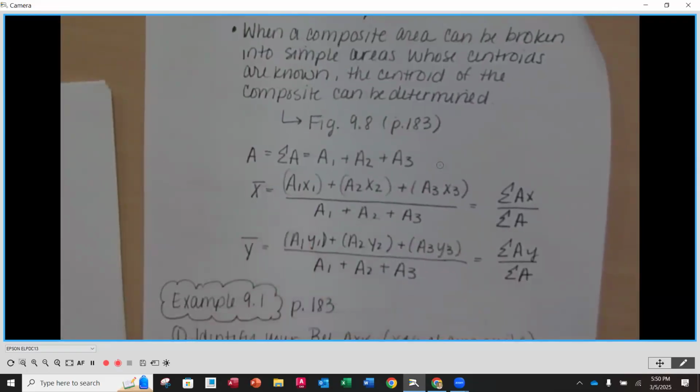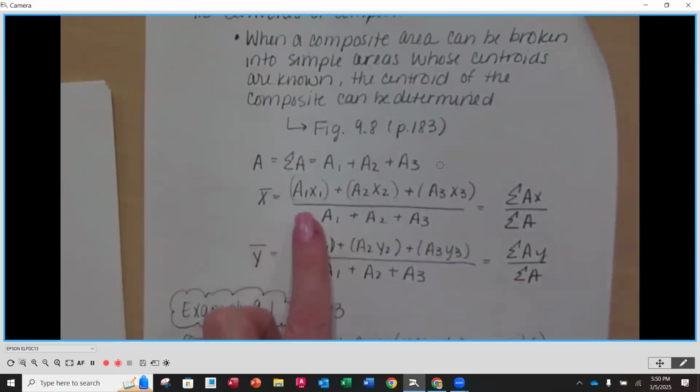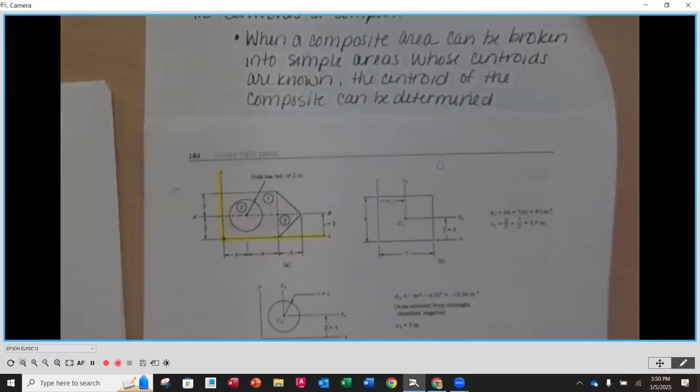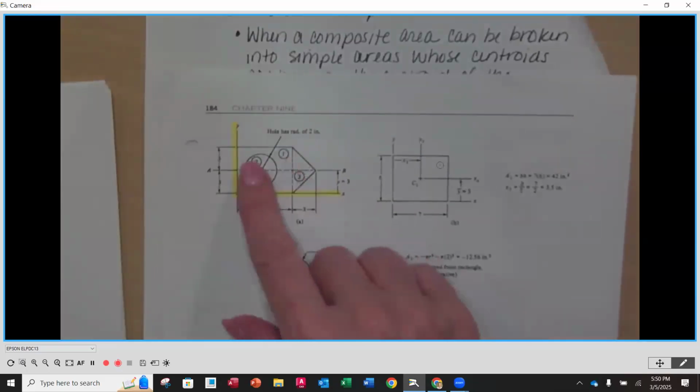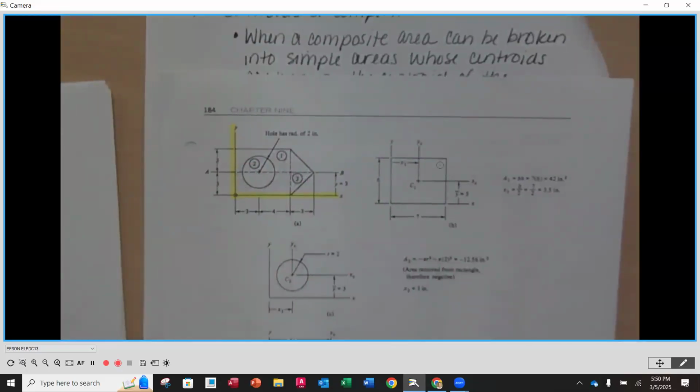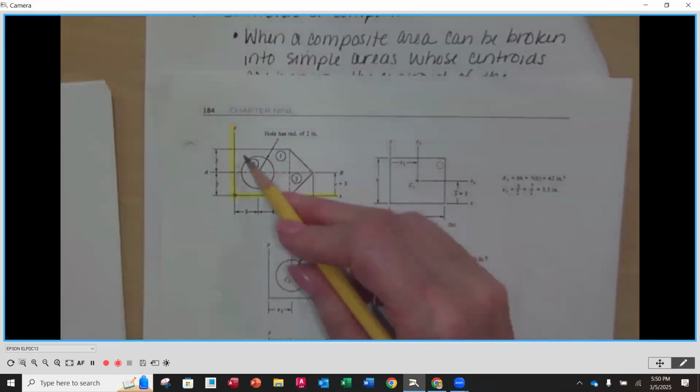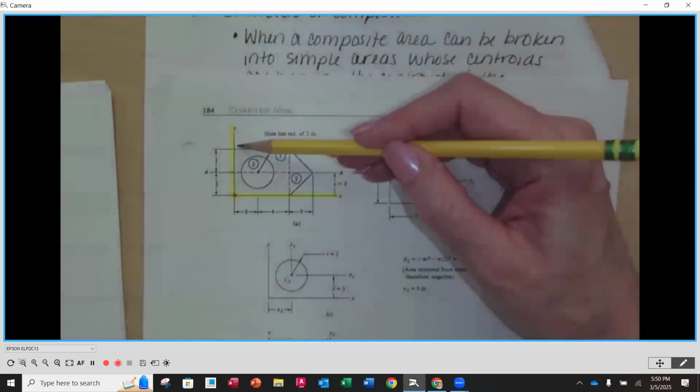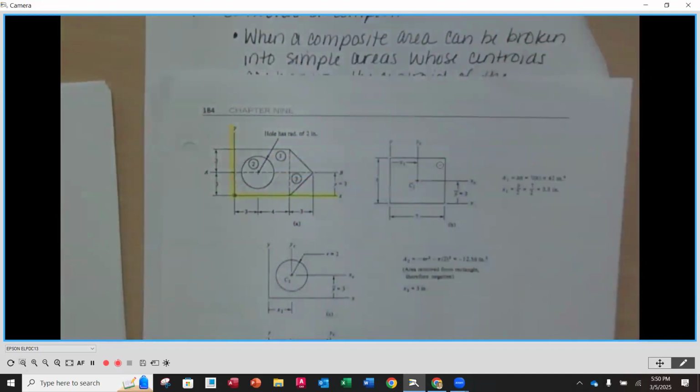So the areas then would go along with each one of those different simple shapes. Then to find the X bar, we're going to multiply the area of shape number 1 times its X distance to the centroid from the reference axis. So for instance, when we look at the rectangle, the X distance is going to be horizontally, where is the centroid just for the rectangle in relationship to what we call our reference axis.